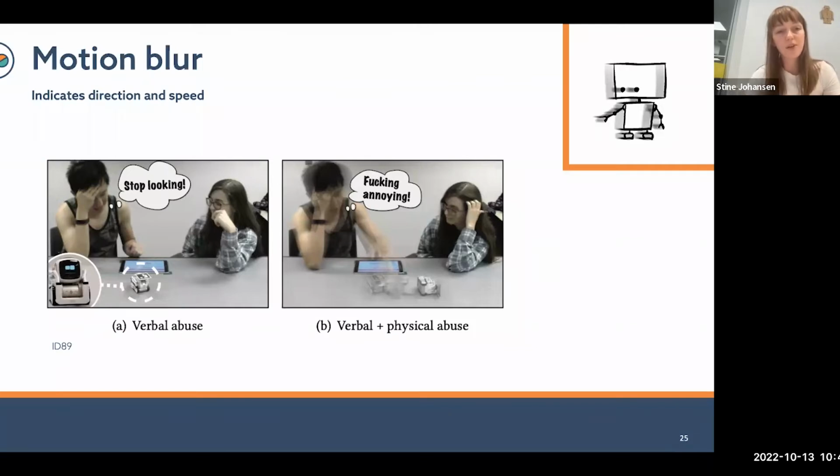In this illustration, they're trying to show that one of the study participants knocked over the robot. So they're trying to show a sort of aggressive movement, and they're using motion blur to emphasize the physical nature of that interaction between the person and the robot.